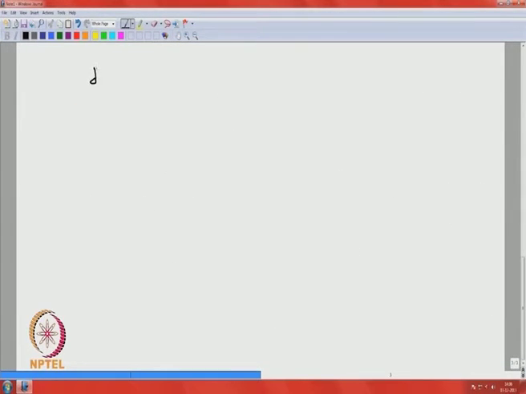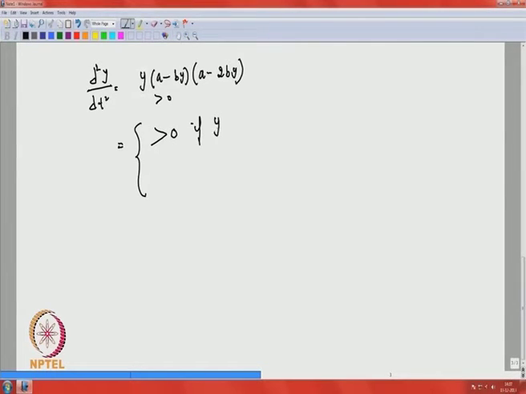So, let me write d square y by dt square is equal to y into (a − by) into (a − 2by). Since the first two factors are positive, the sign is determined by the last one. d square y by dt square will be positive if y is less than a by 2b, and it will be negative if y is greater than a by 2b, you see.